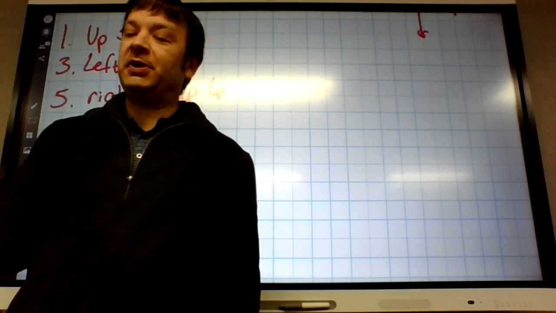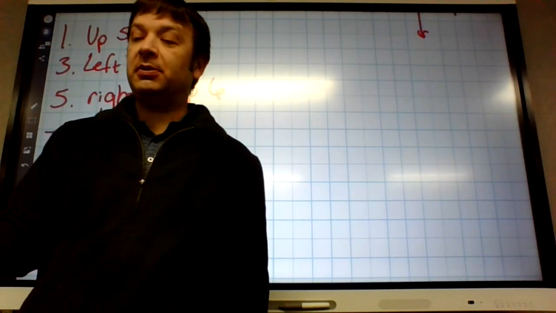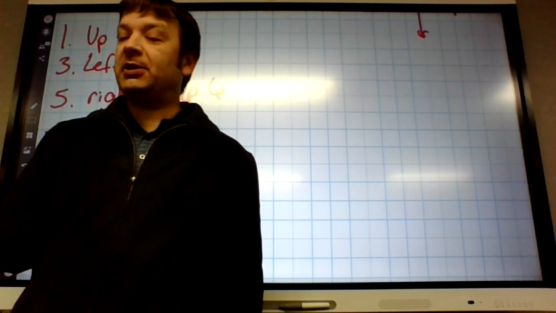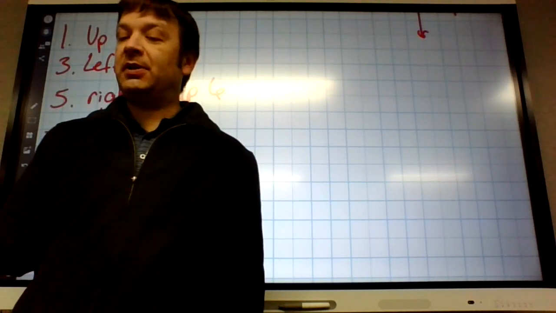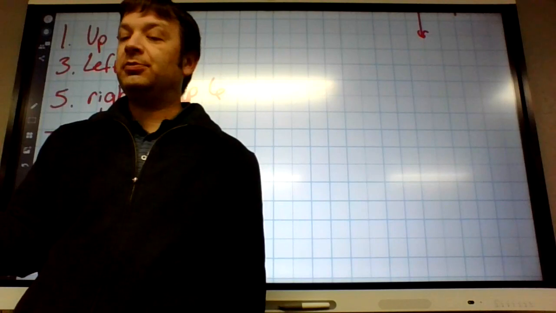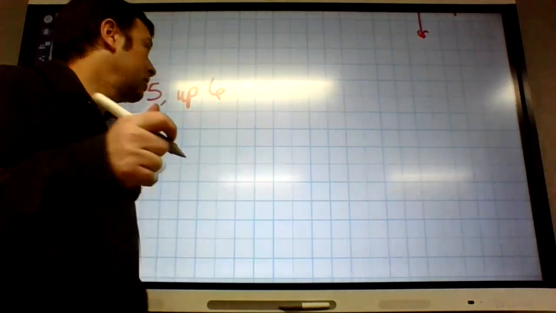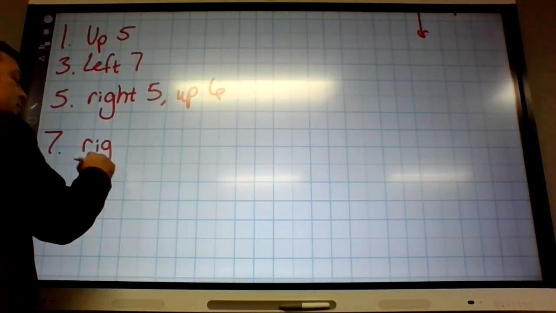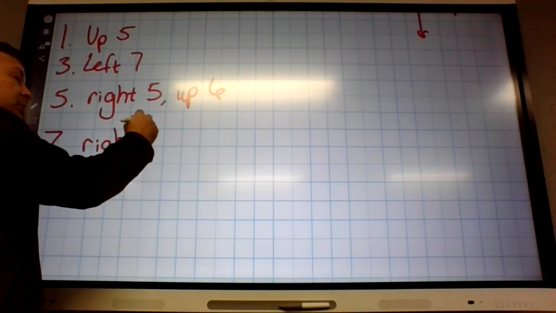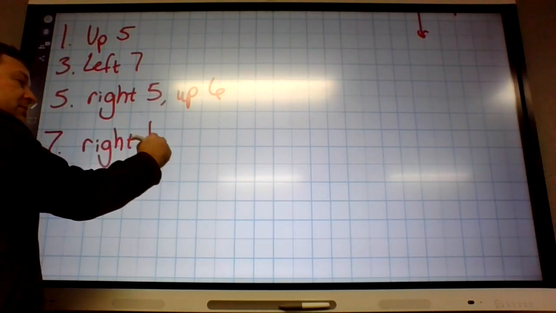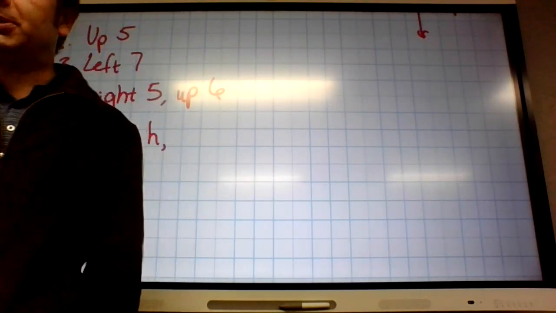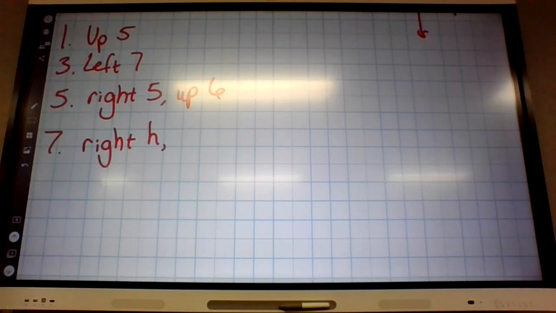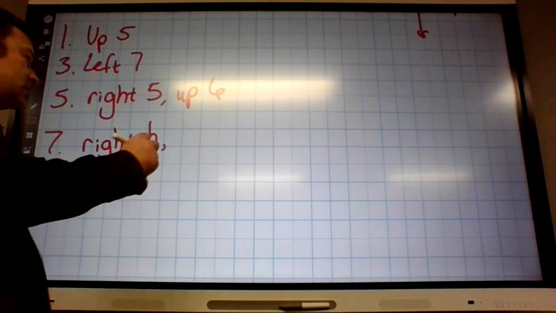Which direction is it moving and how far is it moving? On number 5, the x minus 5 made it move right 5. So on number 7, the x minus h is going to make it move right. How far? Well, we don't know exactly, so we're just going to put h. h is some number that we don't know right now. And what's the plus k going to do? Up k.